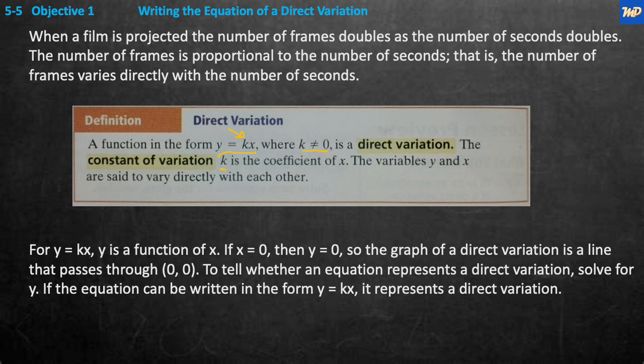As x goes down, y goes down, right? So for y equals kx, y is a function of x. If x is equal to 0, then y is equal to 0. So the graph of a direct variation is a line that passes through 0. To tell whether an equation represents a direct variation, solve for y. If the equation can be written in the form y equals k times x, it represents a direct variation.